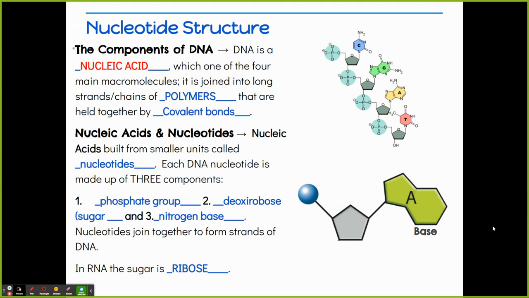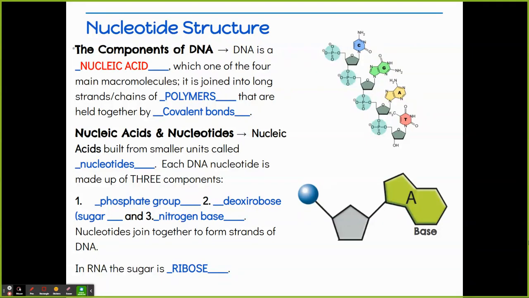All right, so the DNA is what we call a nucleic acid. And remember, nucleic acid is one of the four main macromolecules. Way back in like September, October, we talked about the four macromolecules that are present in every living thing: carbohydrates, lipids, proteins, and nucleic acids.